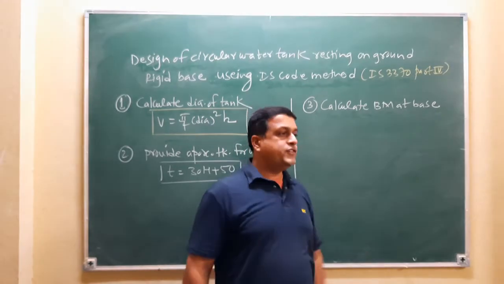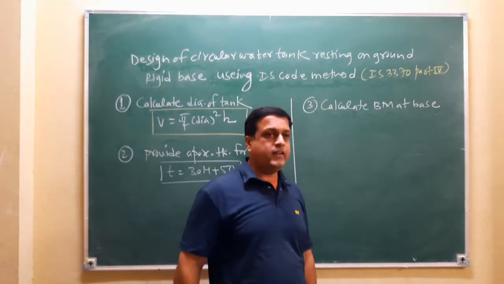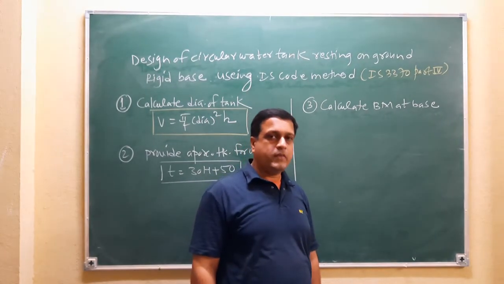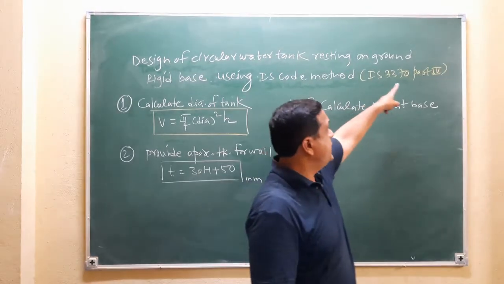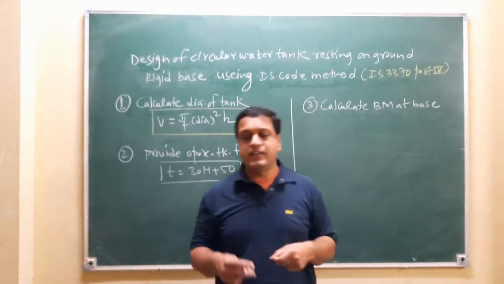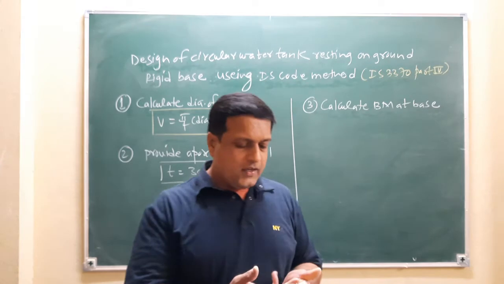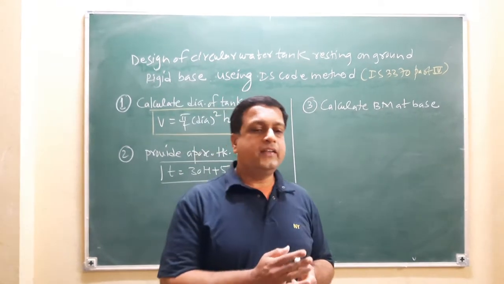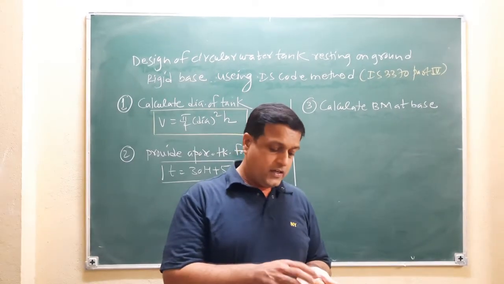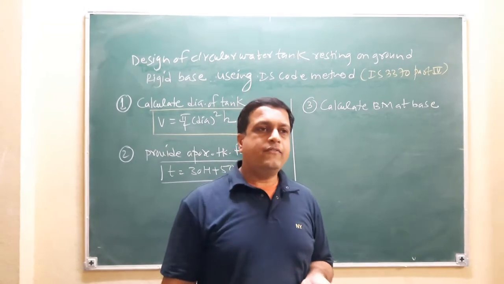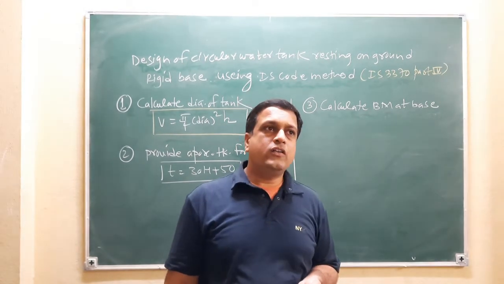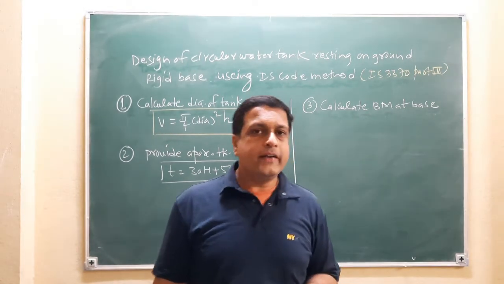But in this case you have to use the IS code method. In IS 3370, page number 35 and 36, you have to refer and find out the bending moment and hoop tension.